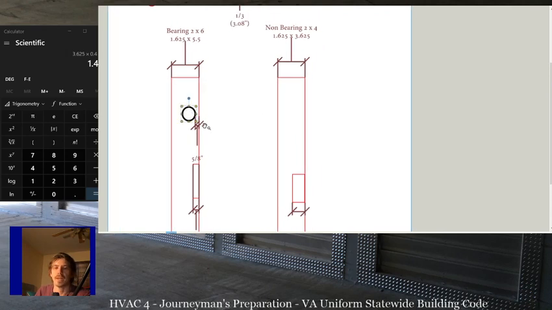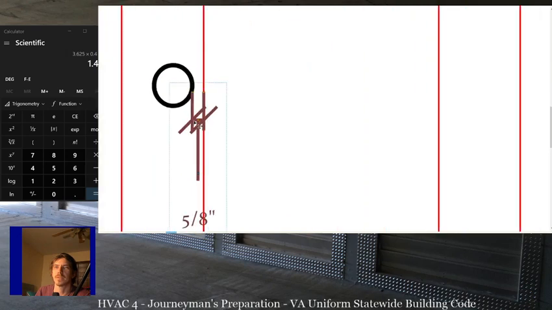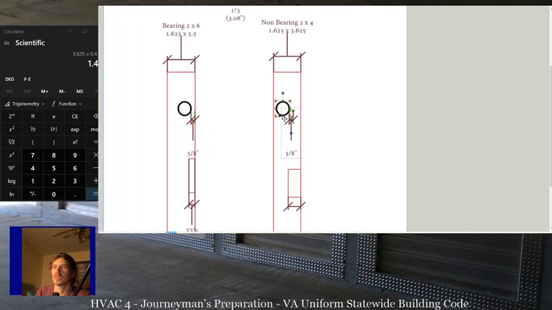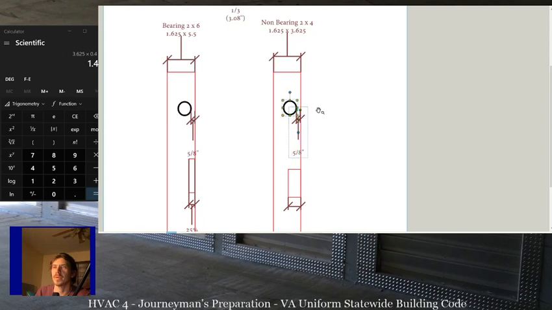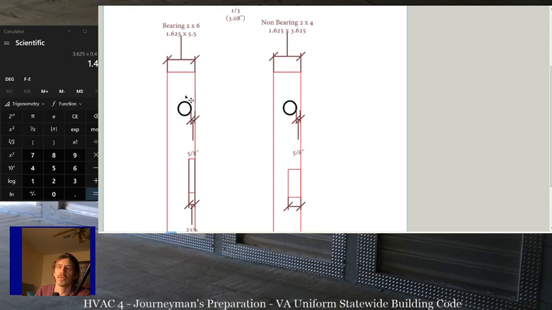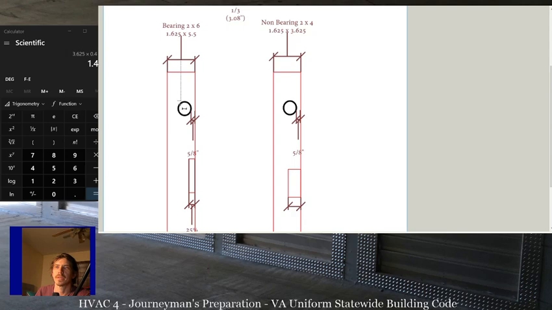As a matter of fact, let me just copy this. Can I do it? It's such a small section to grab. There we go. We want this and this. Let's just copy it and paste it over here because the rules apply to both bearing and non-bearing partitions. For a bearing partition, this diameter cannot be more than 40%.